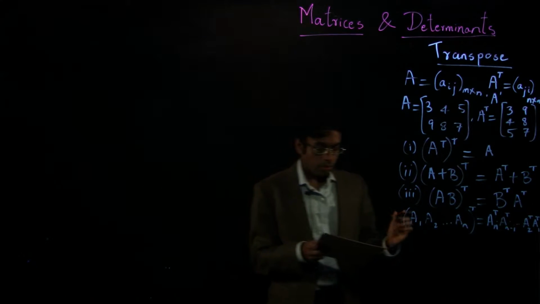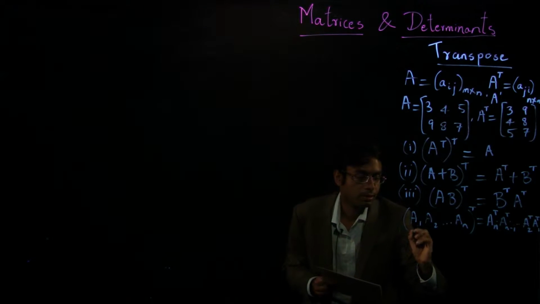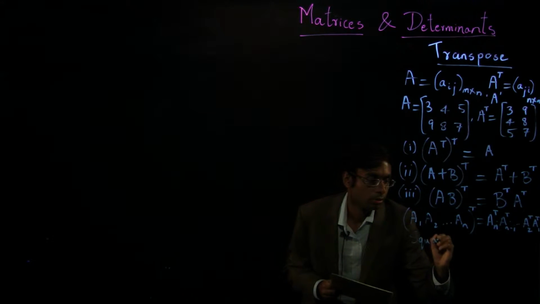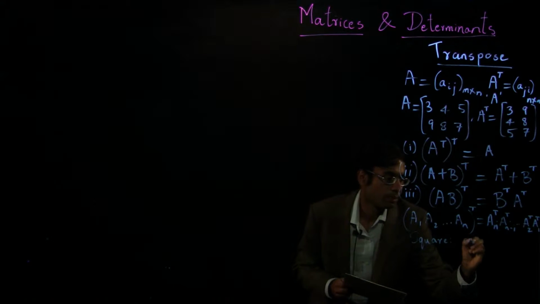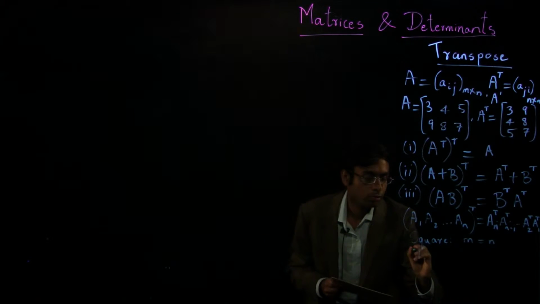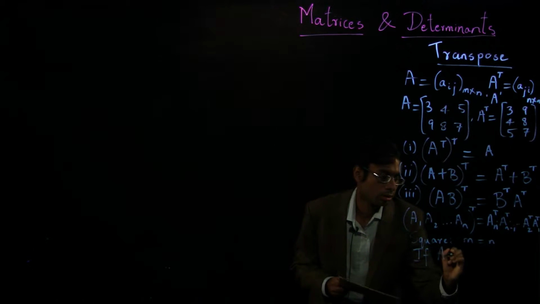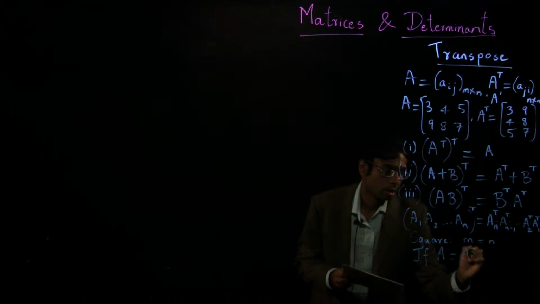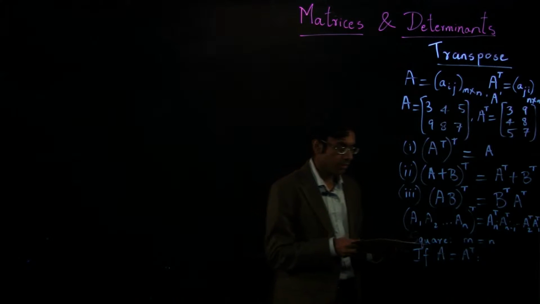And then for a special case of a square matrix, that is if m equals n, if A equals A transpose, then the matrix is called symmetric.